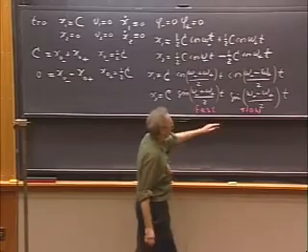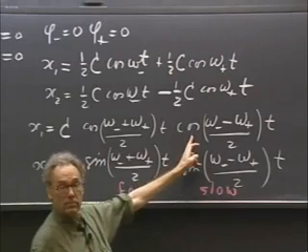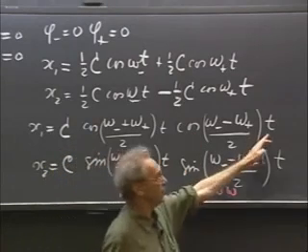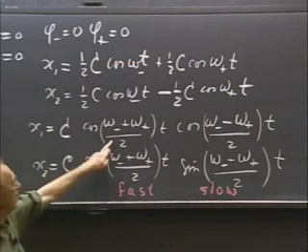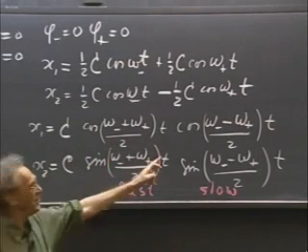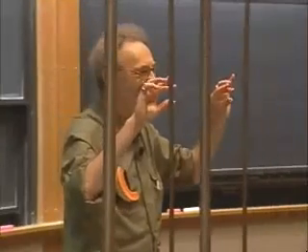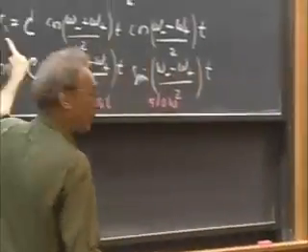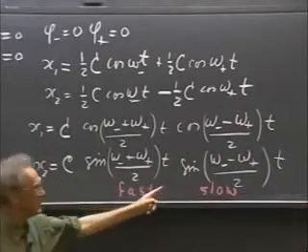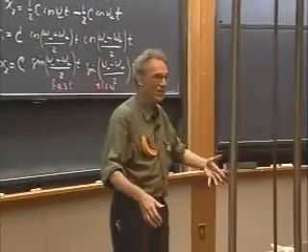At t equals 0, this one stands still, and this cosine term is going to be 1, because t is 0. And this one is going to oscillate happily with this frequency, but this cosine term is very gradually going to 0. And as that cosine term gradually goes to 0, this one will stop oscillating, but this sine term becomes plus 1. And so the other one will start to oscillate.